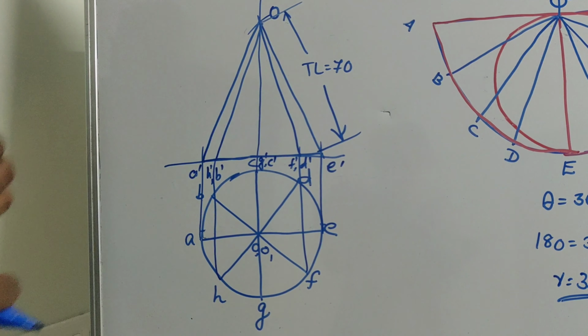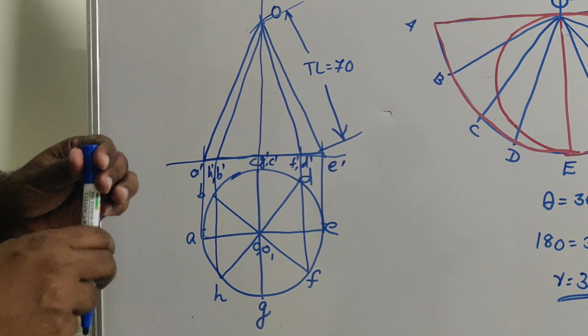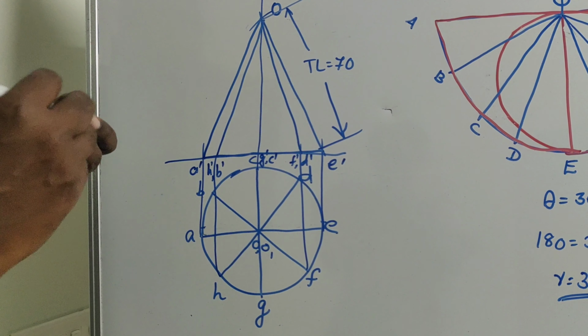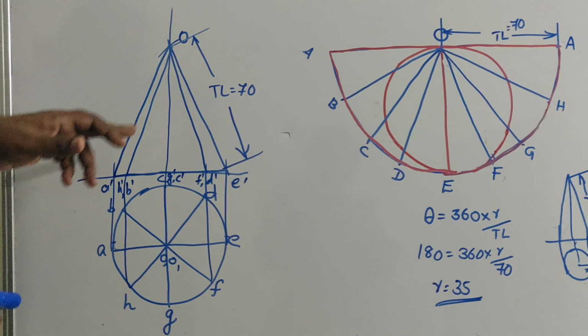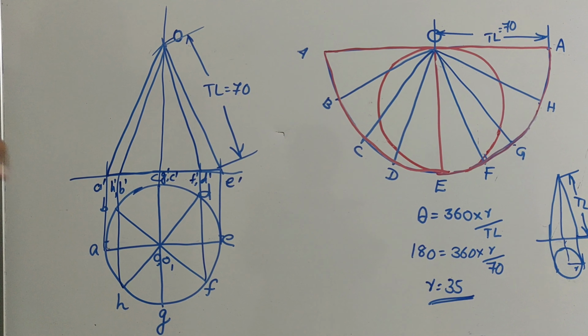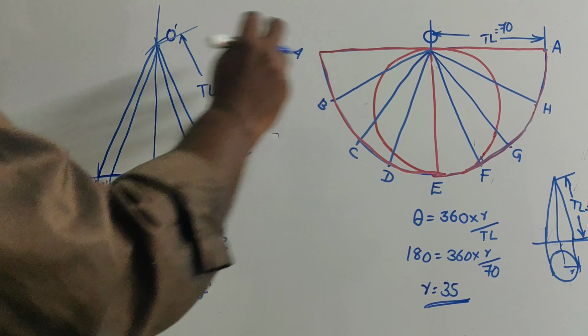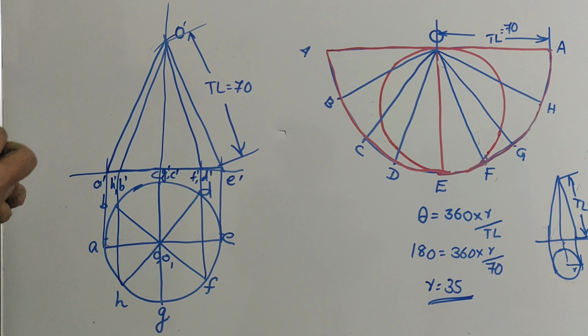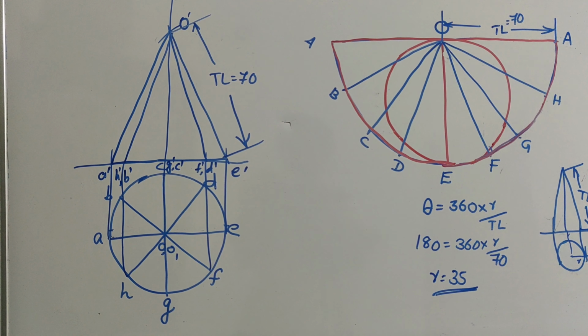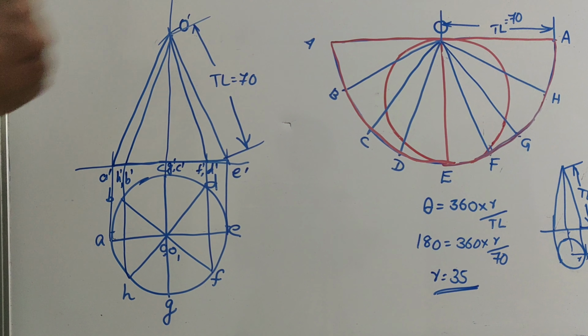Now you have all the generators. The next step is to transfer these distances to this particular front view. Then only you will get the circle, how the circle appears on this front view. That is important.